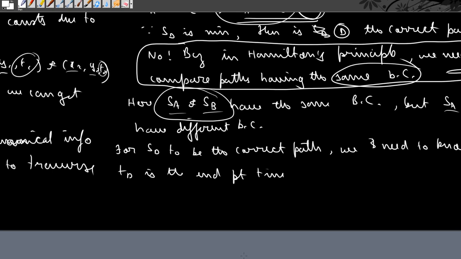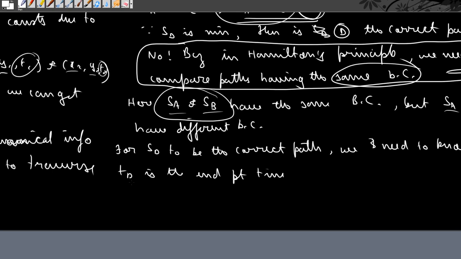But not only that, the path D should also correspond to the path where, if you compare all the possible paths which start at point 1 and end at point 2 corresponding to T equal to TD, then the variation of the action about that path should be 0.